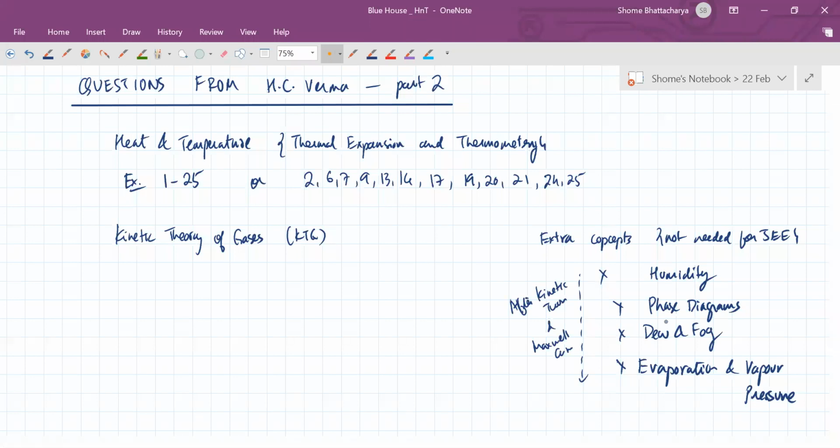Okay, now let's come to the exercises. So in kinetic theory of gases, first of all, you do some of the worked out examples.